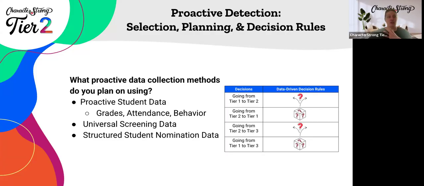And then another option is to do a nomination, sometimes called educator referral. I'm going to talk about a structured nomination that really helps you to identify a greater root cause of what's going on with the student. So those are some of our options for data collection: proactive or early warning system data, a screener, and the nomination or referral process with our educators.